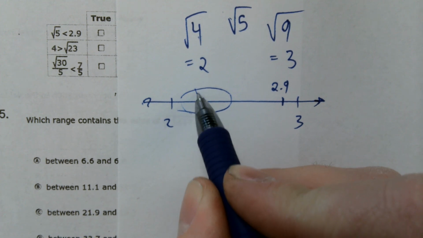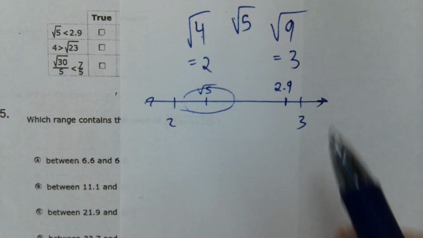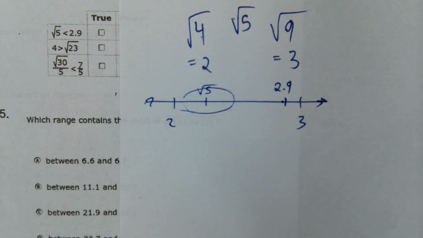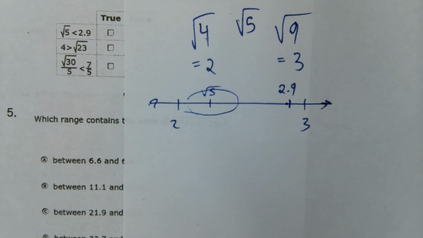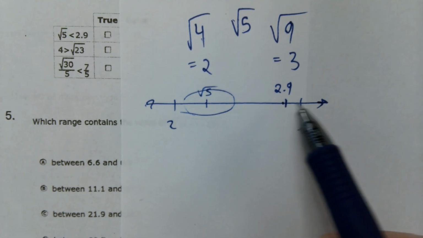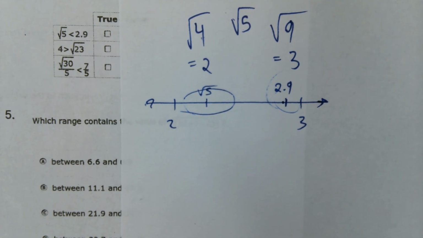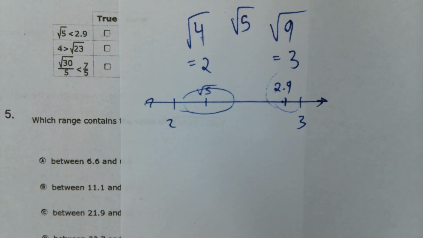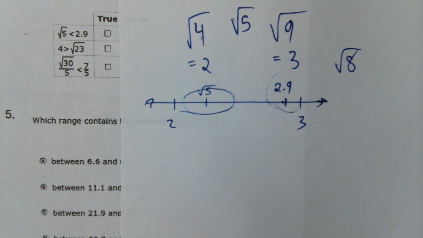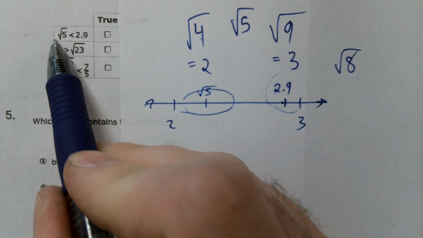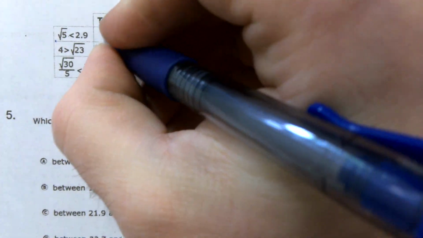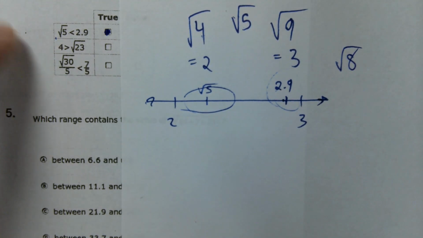I don't know exactly where, but I know that it's definitely less than 2.9. I don't need to know exactly what the square root of 5 is, because I'm logically deducing where it is in relation to 2.9. You guys get what I'm saying? 2.9, that would be something like the square root of 8, right? Well, the square root of 5 is definitely less than the square root of 8, so this one's got to be true. You guys get me?